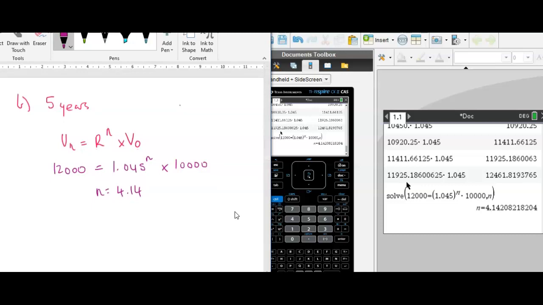So we have to exceed 12,000. So that's why it's 5 years. Just imagine if someone was paying you back money and they calculated this and said, oh, yeah, I only have to pay you 4 years. And then you just got 11,925. And you're like, well, where's my other $75? So you have to go over. Okay, so you've got 5 years.